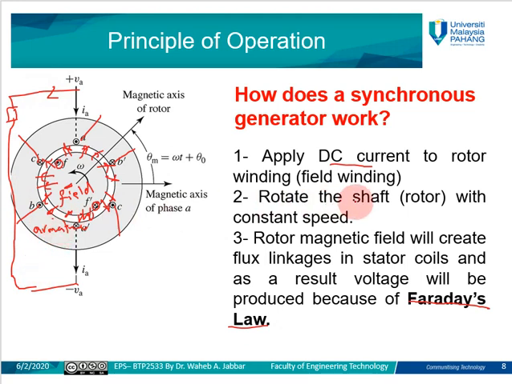So this is the main concept: start from a DC power source applied to the rotor winding, generating magnetic flux. The rotating magnetic flux will cut the stator winding and induce a voltage based on Faraday's law. This is the case of the synchronous generator.